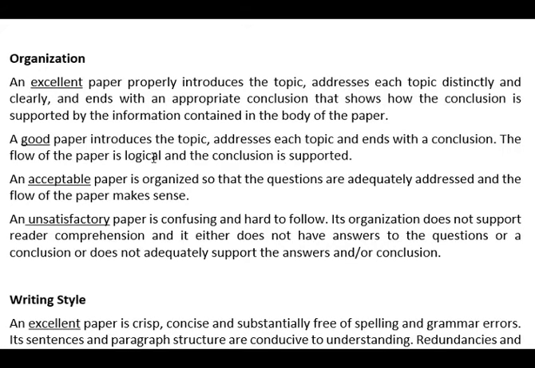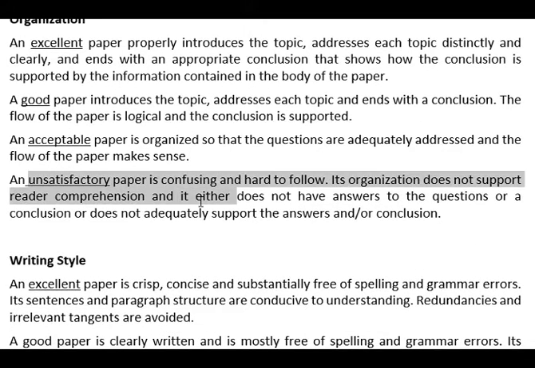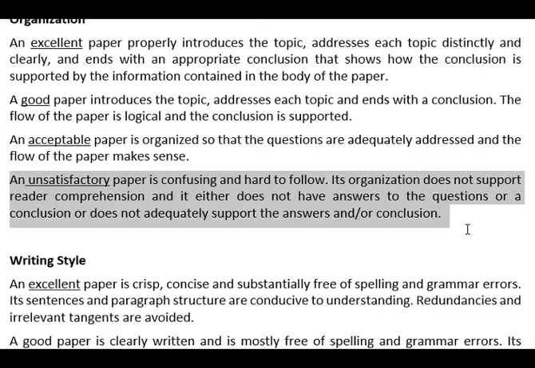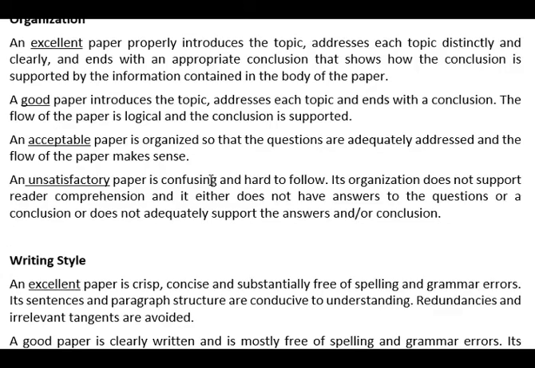and ends with a conclusion, but not quite as well as an excellent paper does, whereas an acceptable paper, which is maybe a C, is organized so that the questions are adequately addressed, but not very well, whereas an unsatisfactory paper, obviously the one you want to avoid, is confusing and hard to follow.